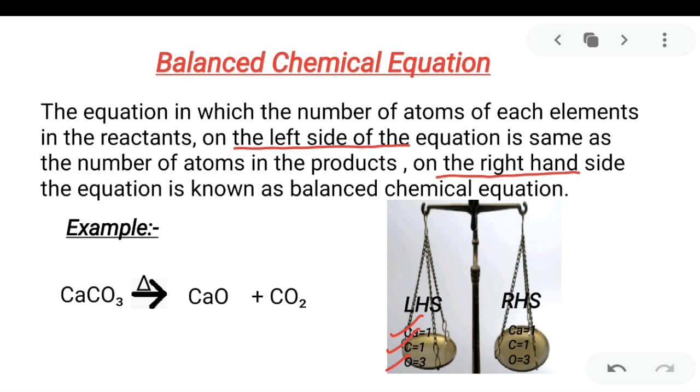When we calculate the number of atoms present in the product, calcium is equal to 1, carbon is equal to 1, and oxygen is equal to 3. Now, the number of atoms present in left side is exactly equal to the number of atoms present in right hand side. Hence, the equation is a balanced chemical equation.